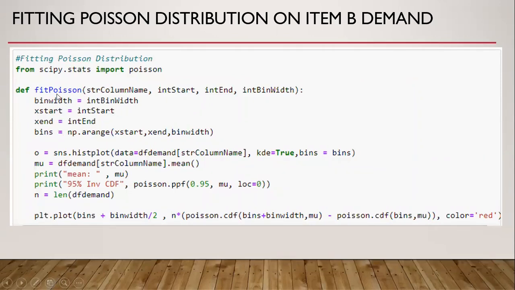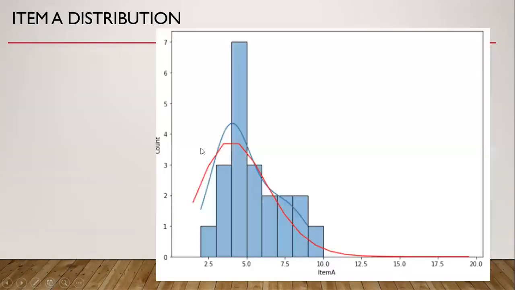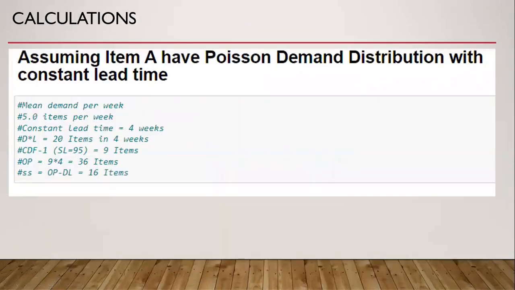This is the definition of the function for fitting a Poisson distribution. For item A, we can see that the Poisson distribution is almost fitting the demand. So item A demand has a Poisson distribution. Assuming that item A has a Poisson distribution with a constant lead time, mean demand per week is 5 items per week, and the constant lead time is 4 weeks.